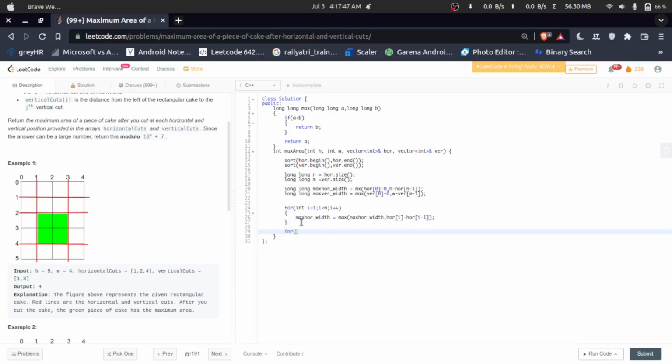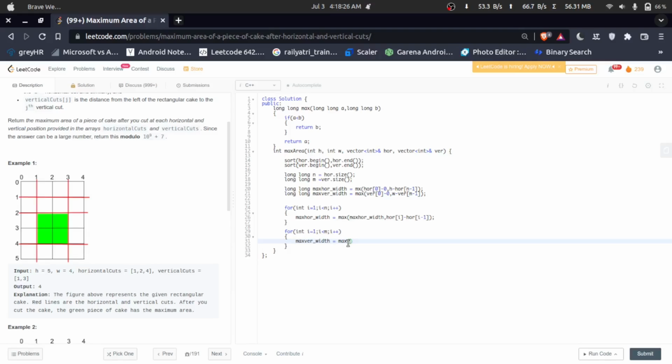And for that, integer i equals 1 to i less than m, i plus plus, maximum of horizontal, that was horizontal, and the last one basically, the maximum vertical width is equal to max of vertical.